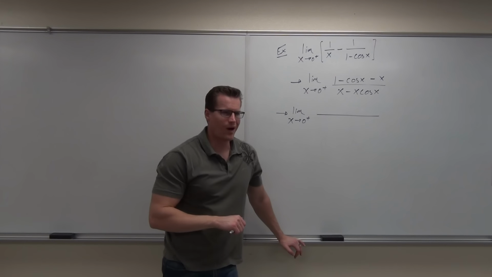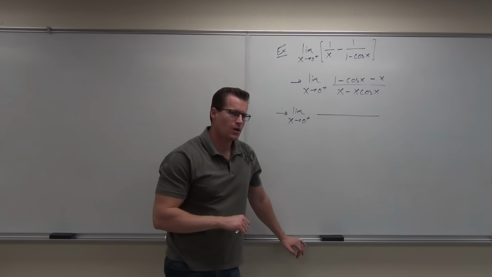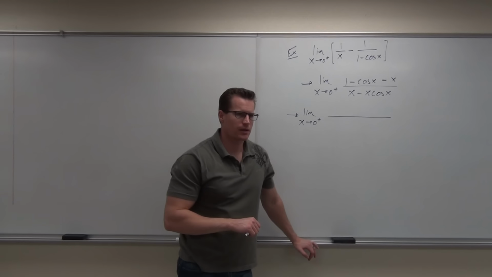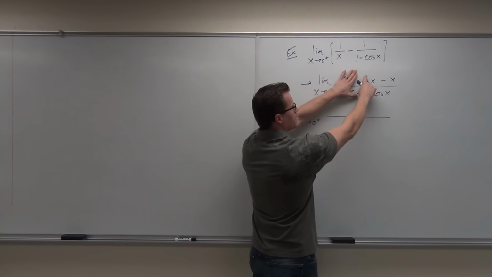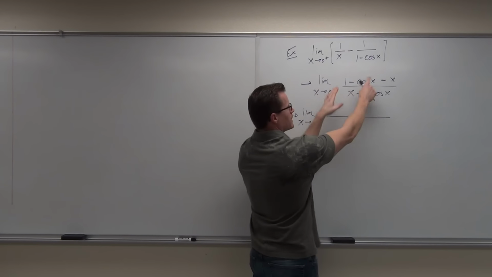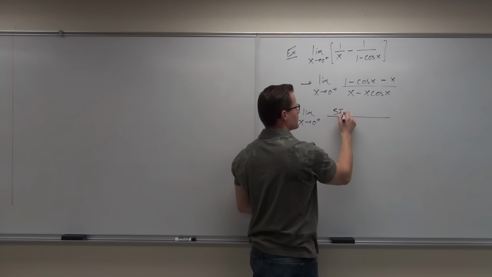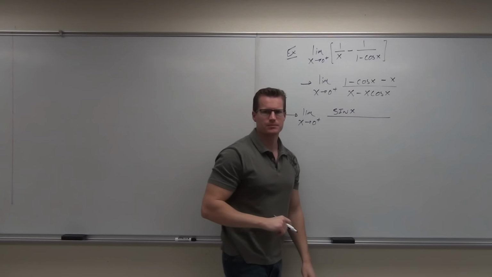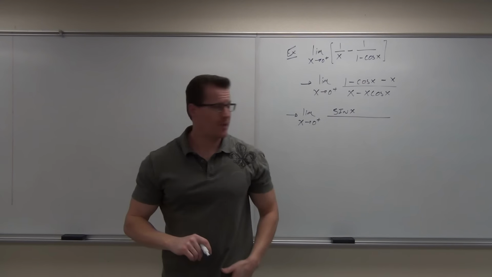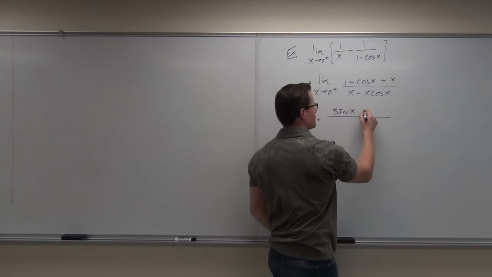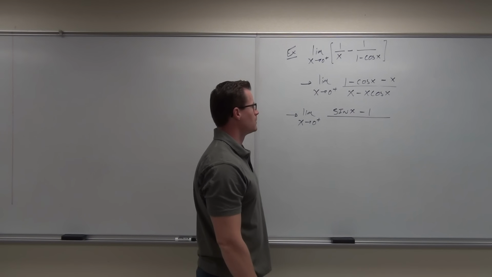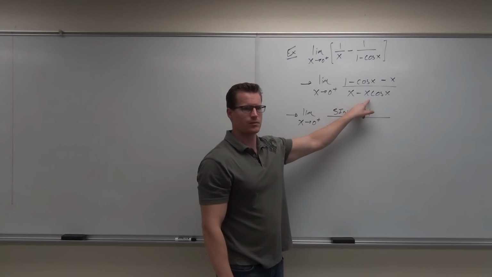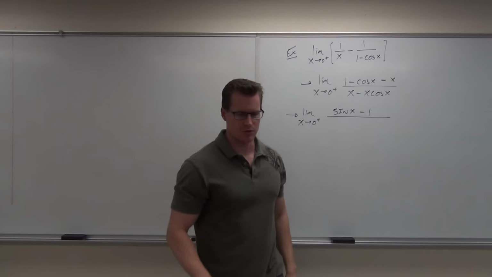What's the derivative of 1? 0. What's the derivative of cosine x? Negative sine x. So if this is negative, we'd have positive sine x. Are you okay with that one? How about this? Did you already take care of the derivative at the bottom? Okay, work on it. I'll give you another minute.